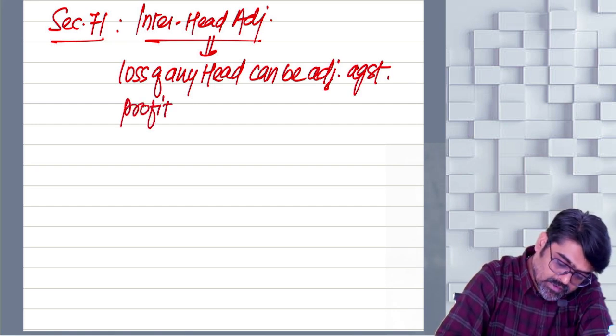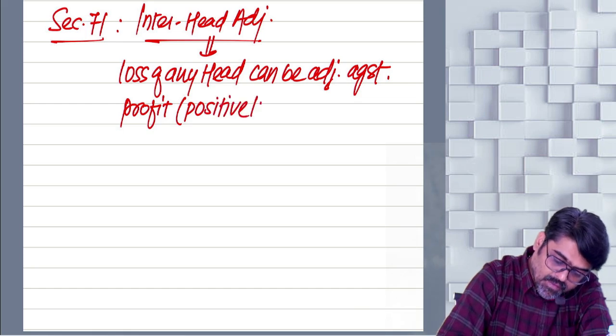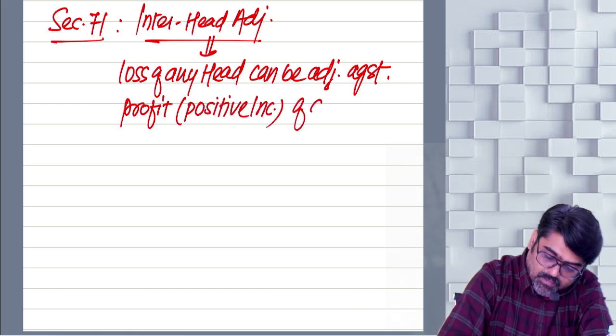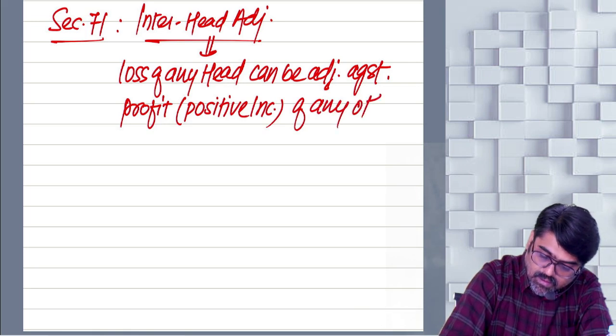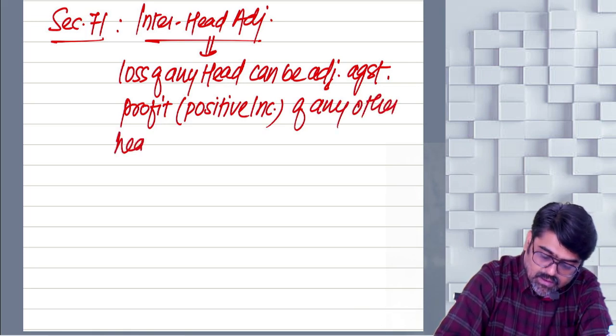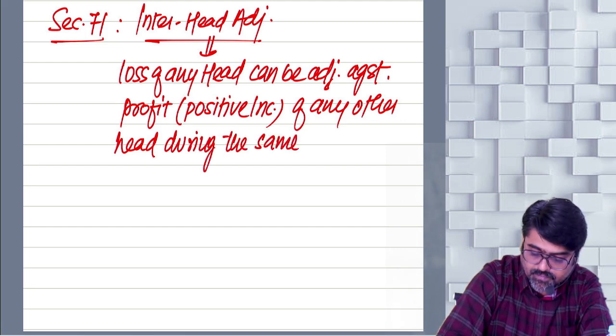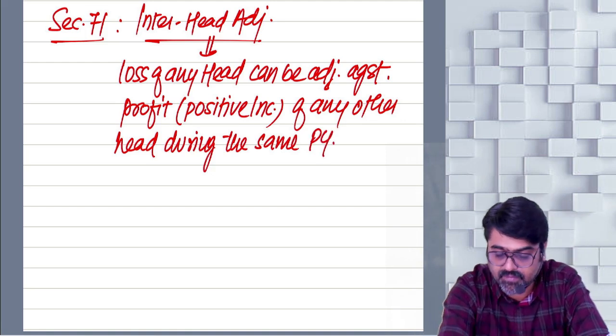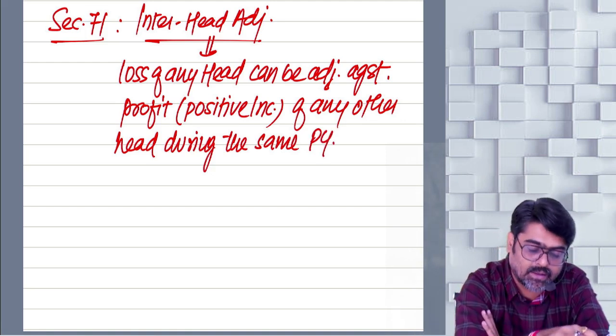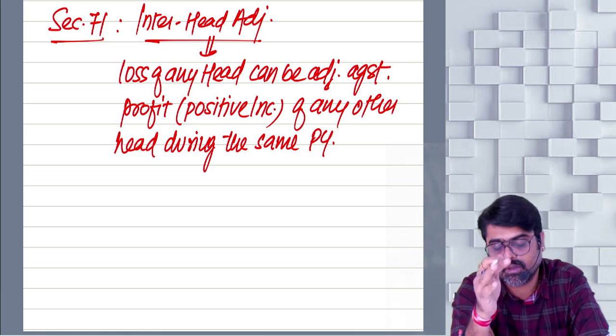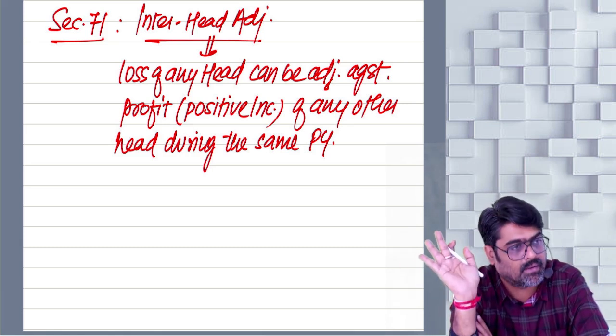Profit means positive income. Yes or no? Positive income of any other head during the same previous year. So in the same previous year, if you have a loss of any head, that loss will be set off against profit of any head.